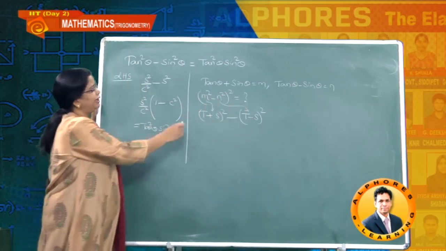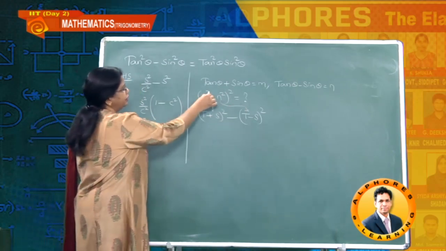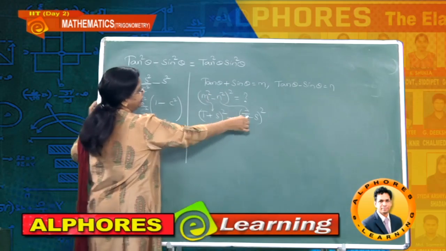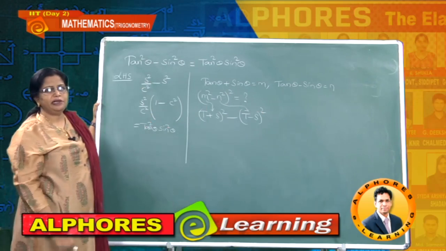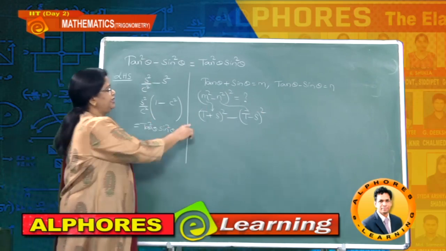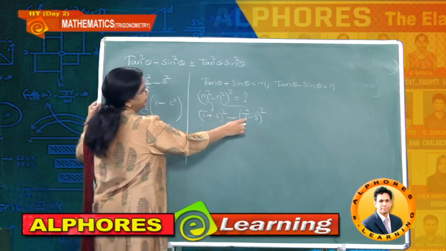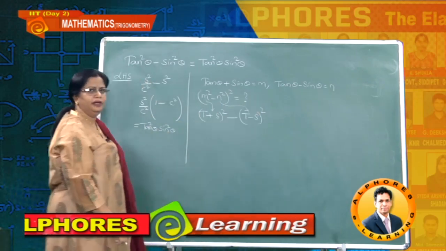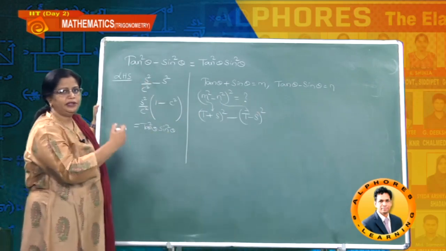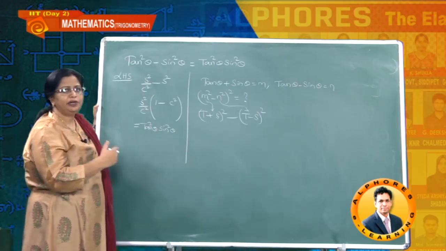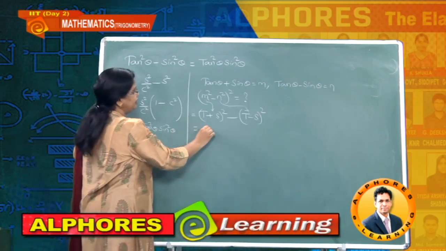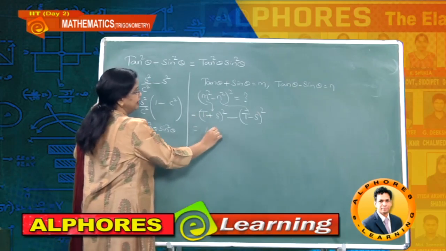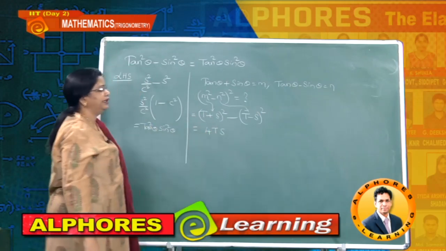I took m as tan plus sin whole square minus n as tan minus sin whole square. Just now we observed some algebra formulae, that is a plus b whole square minus a minus b whole square. So dear students, I think you are understanding the importance of those algebra formulae. So now we can make use of this as 4 times tan theta into sin theta.